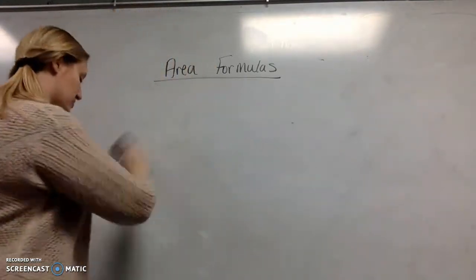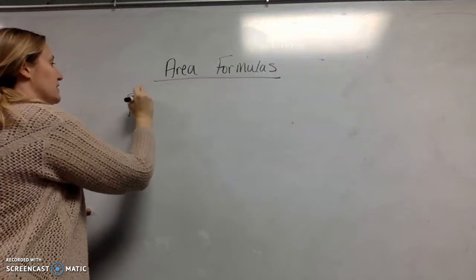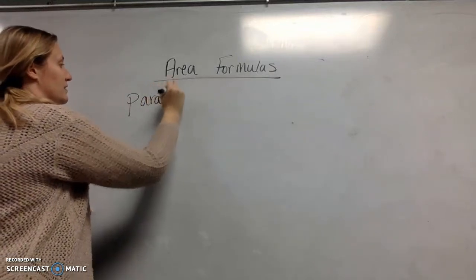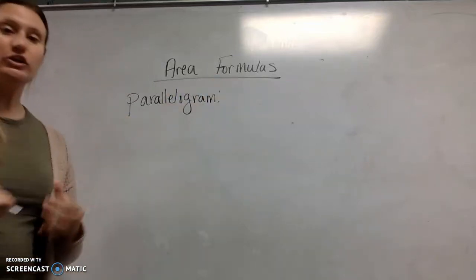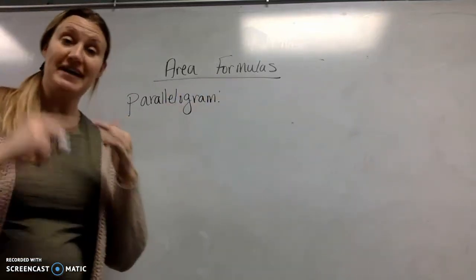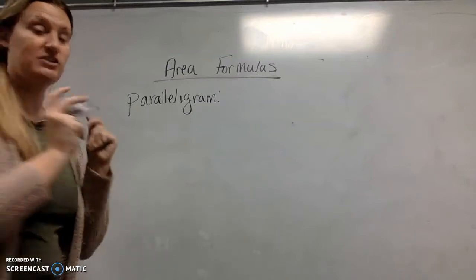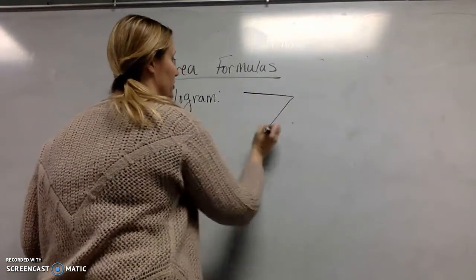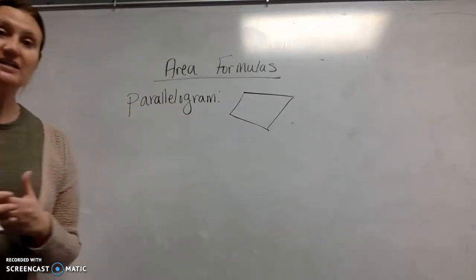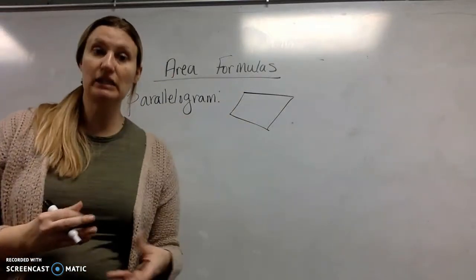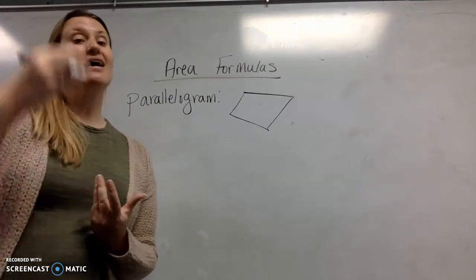Now, let's talk about a parallelogram. A parallelogram is a quadrilateral that's defined as having two sets of parallel sides. So the sides opposite each other are parallel. We do not always have 90-degree corners like we do with a rectangle. A rectangle is actually a kind of parallelogram.